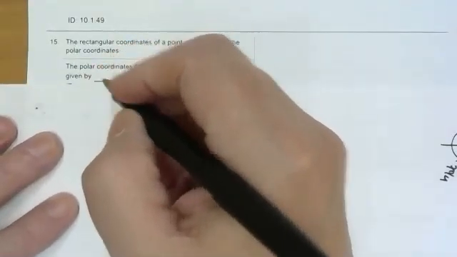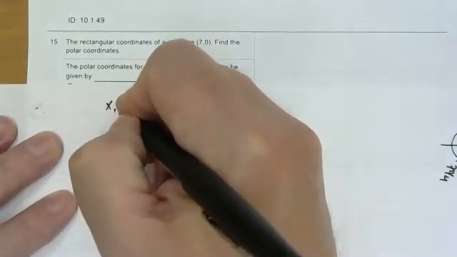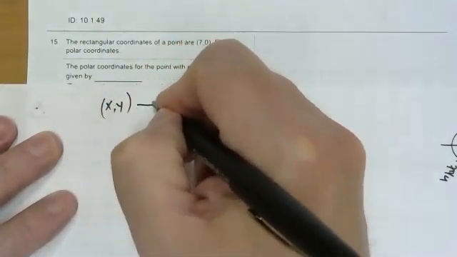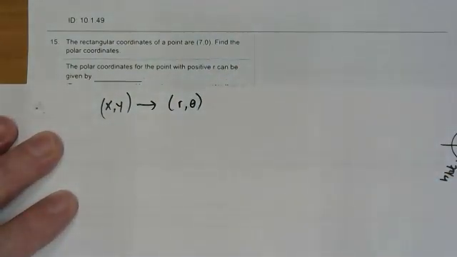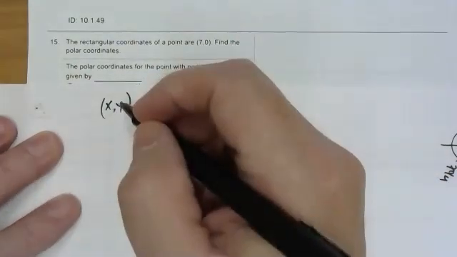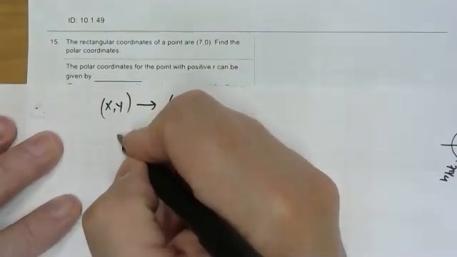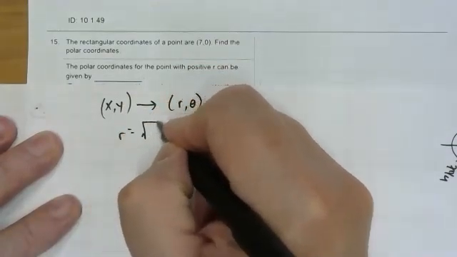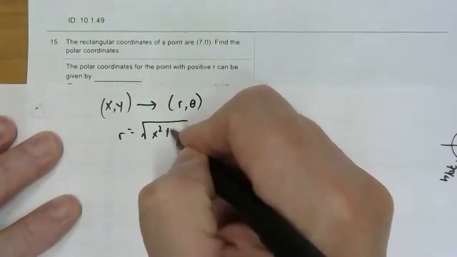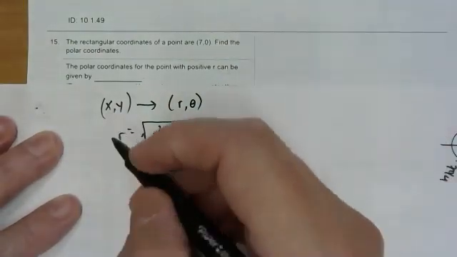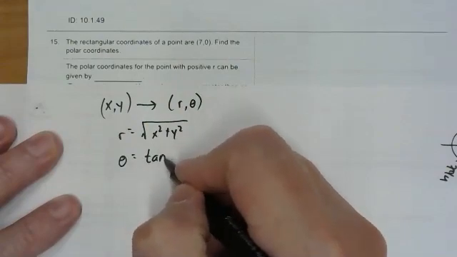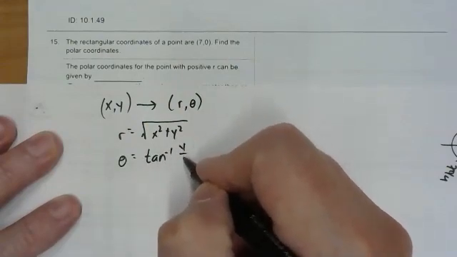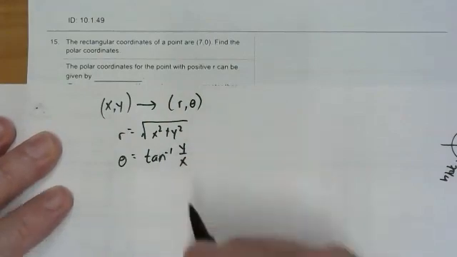So say you're given rectangular coordinates and you want to go to polar. The equations are r is the square root of x squared plus y squared. And then theta, which gets to be tricky, because theta is the inverse tangent of y over x.